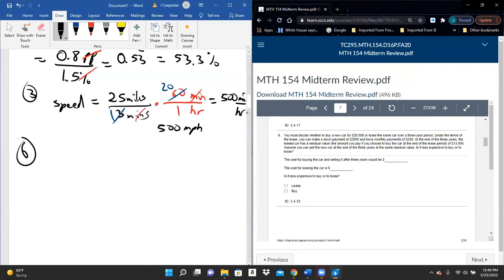All right, so the new car costs $20,000. So new, it's 20K. After 3 years, we can sell it for the residual value, which is $13,000.